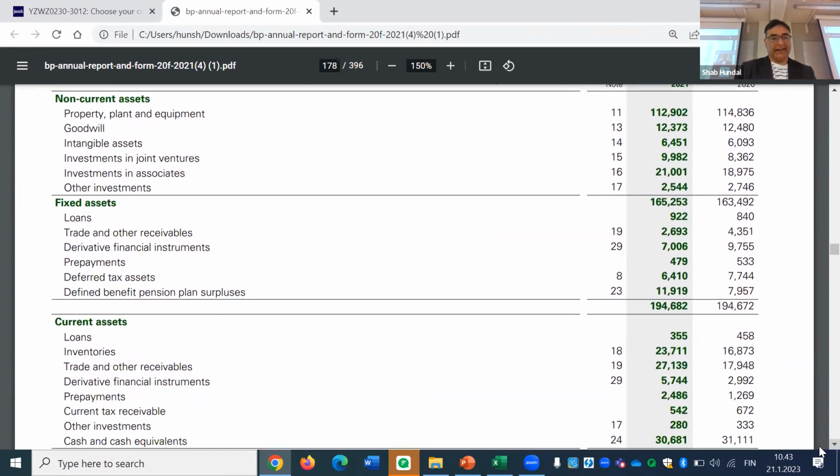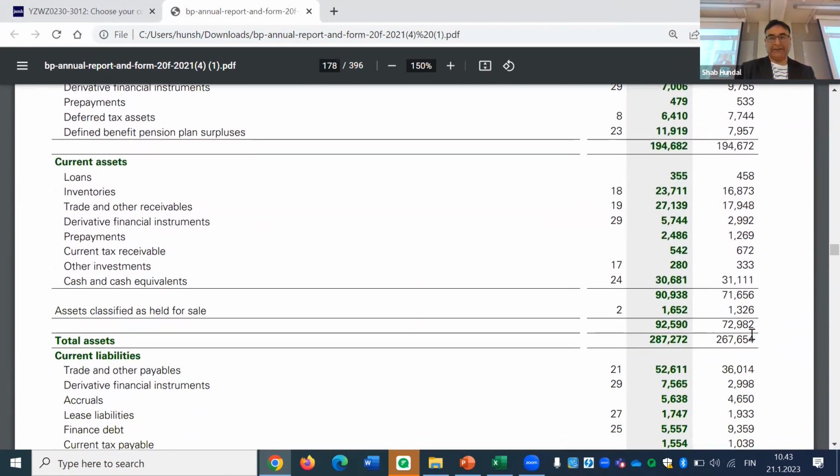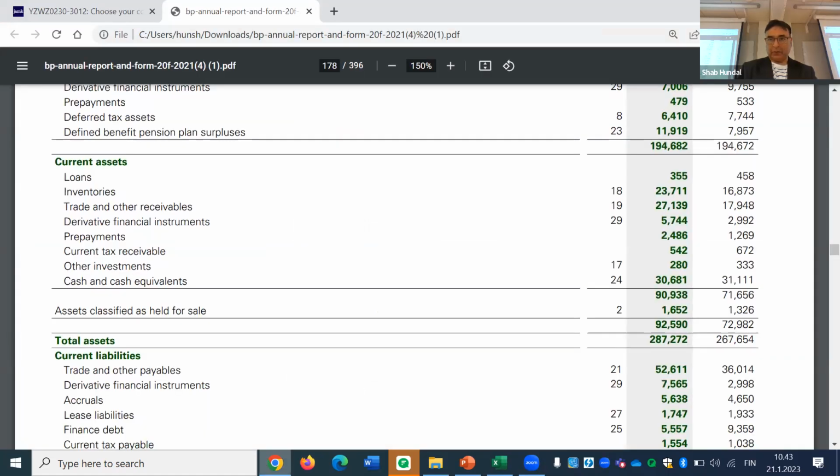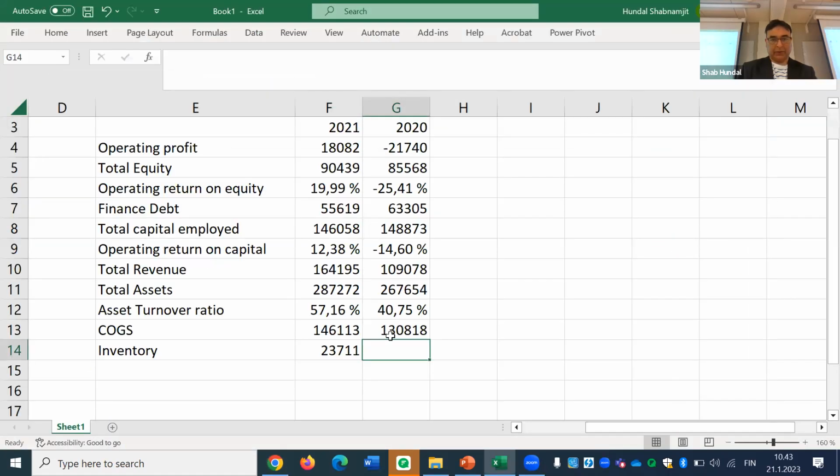If you see the current assets, the inventory is here: 23711, and here we have 16873.